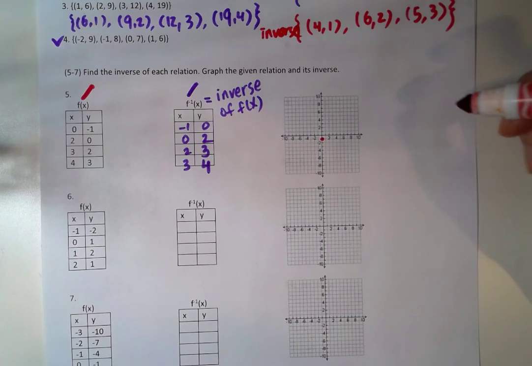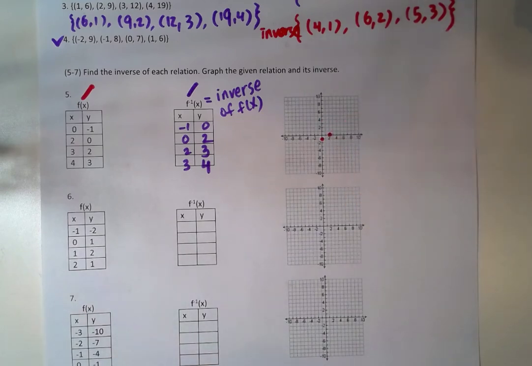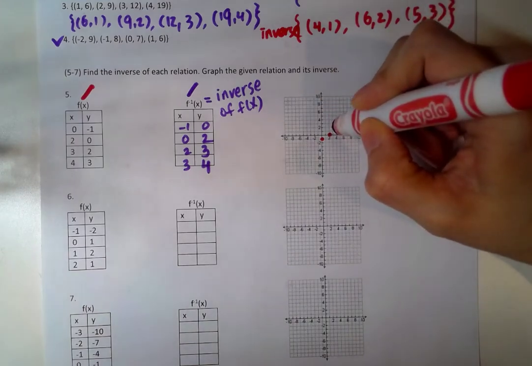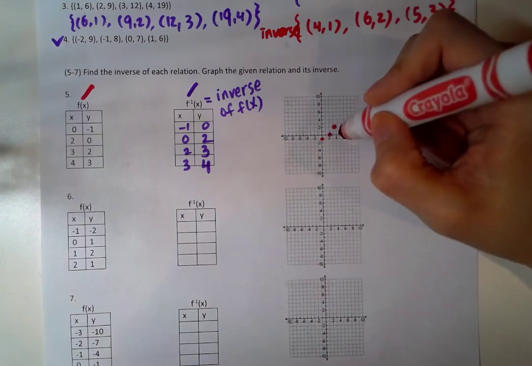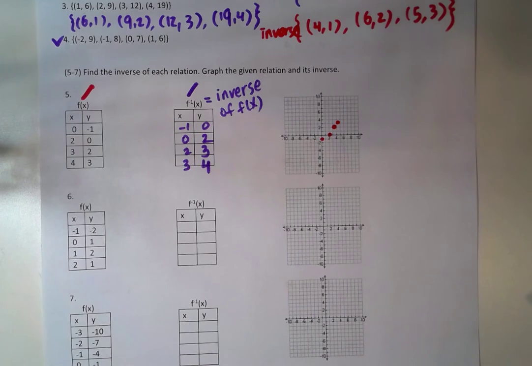And you have (2, 0). So it's over here, (2, 0). And next one is (3, 2). So you go to 3 and 2. And (4, 3). So you go to 4 and 3. Right? And we do not connect it because you have only 4 values. So I'm going to keep it like that.